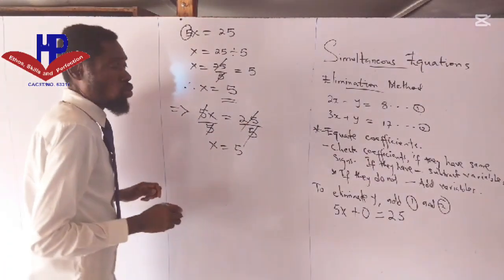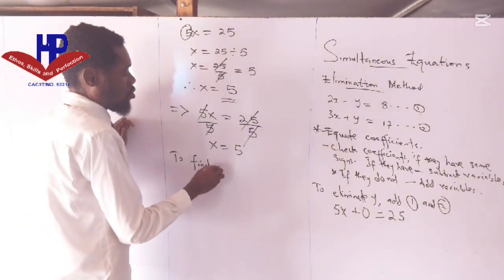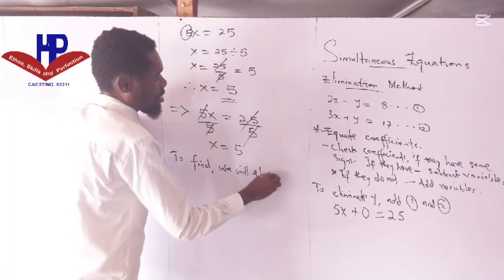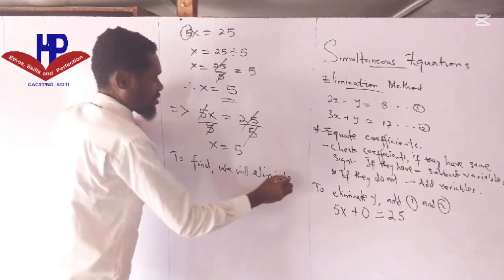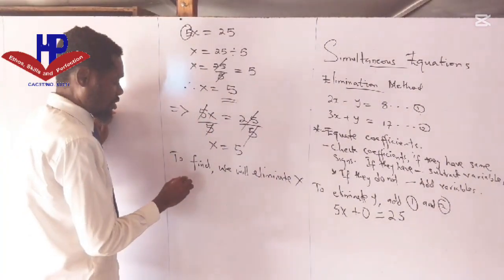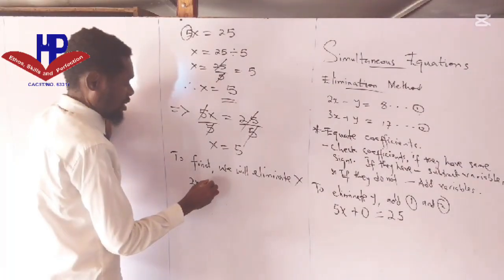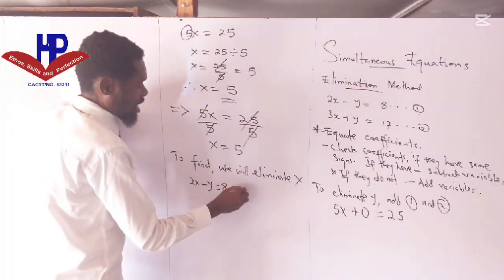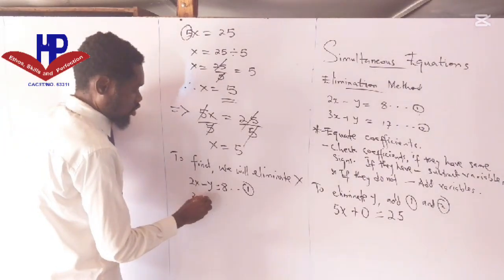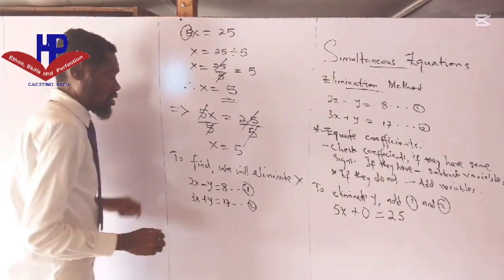Now for us to find y, we will eliminate x. Now, in the equation given to us initially, we have 2x minus y is equal to 8, call that equation 1, and we have 3x plus y is equal to 17, call that equation 2.